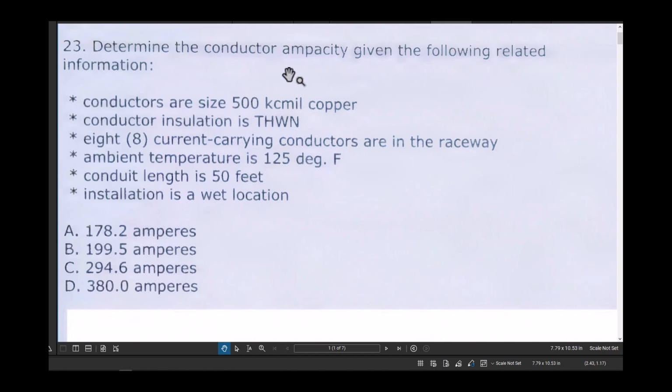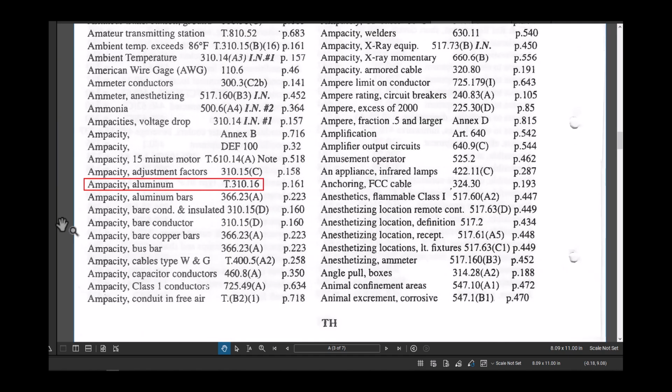Now, what we're looking for here is the keyword ampacity and copper, so if we go to Tom Henry's index, we have ampacity for aluminum, which is table T.1016, and wherever we have aluminum, probably the same location is copper too, and in the NEC it's the same story, the ampacity.